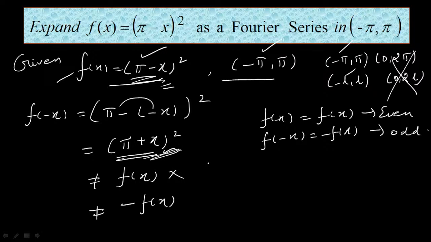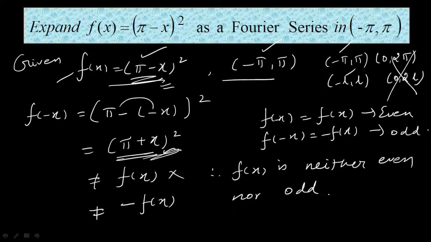So what is our conclusion? Therefore f of x is neither even nor odd. It is not an even function and also not an odd function in the interval minus pi comma pi.